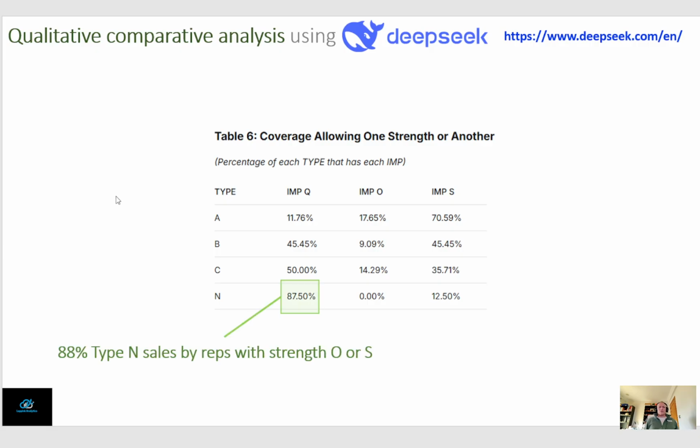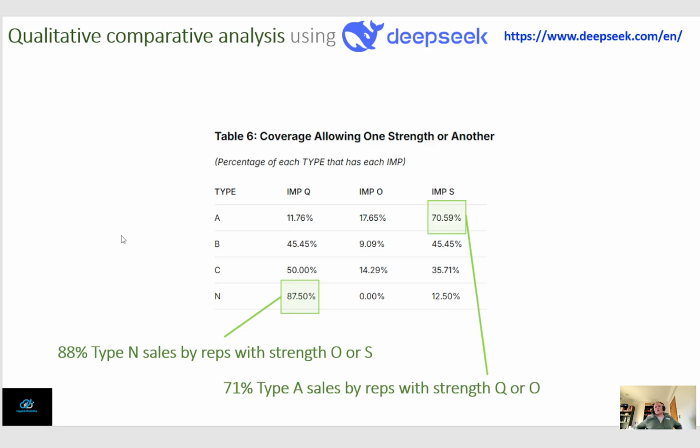Well, first of all, we see that almost 88%, rounded of course, of the cases where no service was sold, you actually deal with people who lack good questioning. So they have a strength in either opening or summarizing, but in the questioning they have things to improve, right? So that is interesting in the N category, the no service sold category.